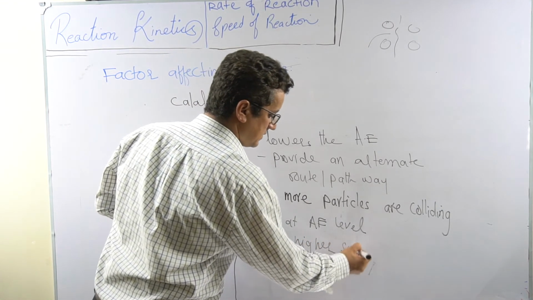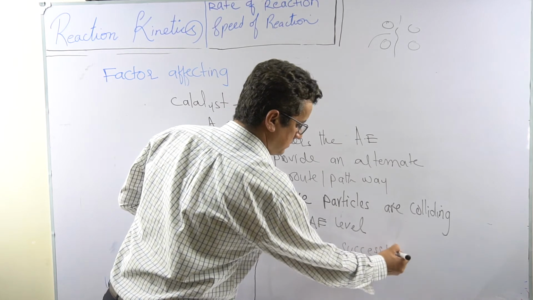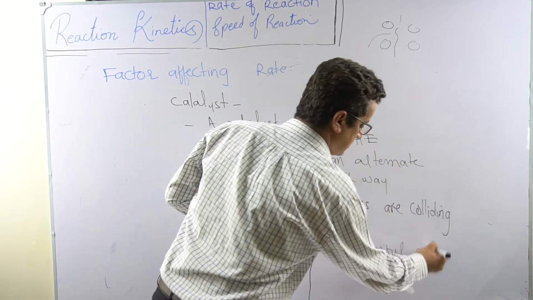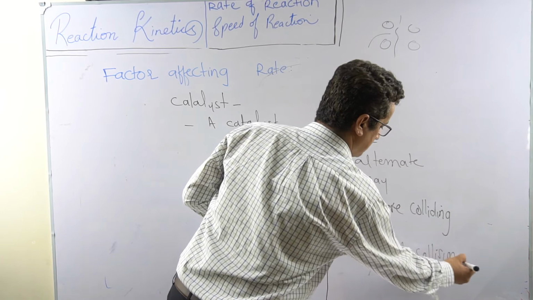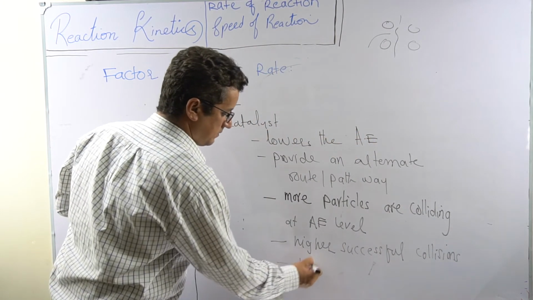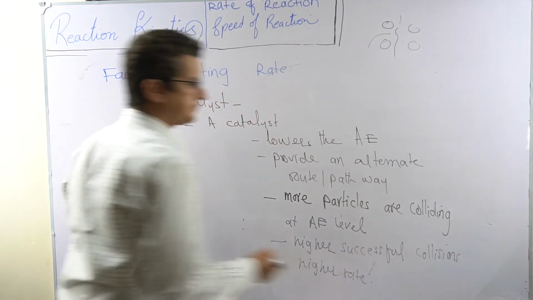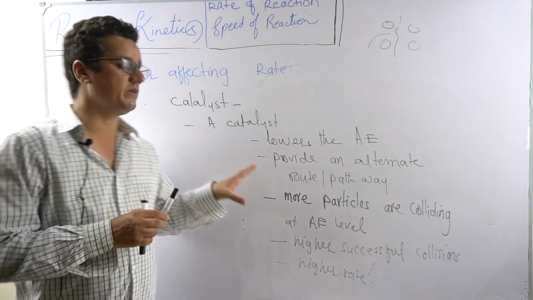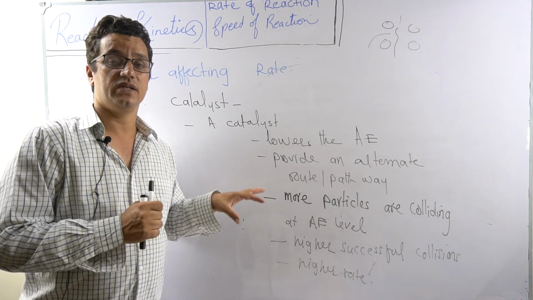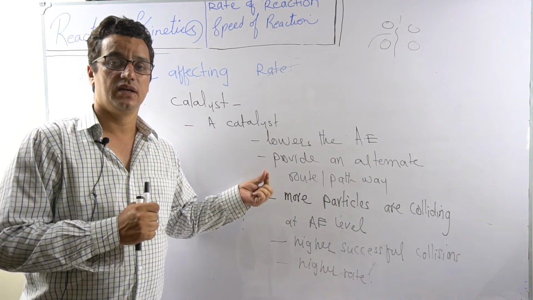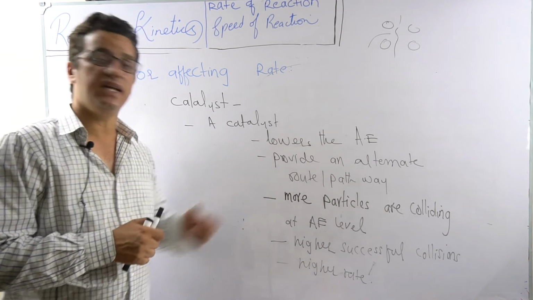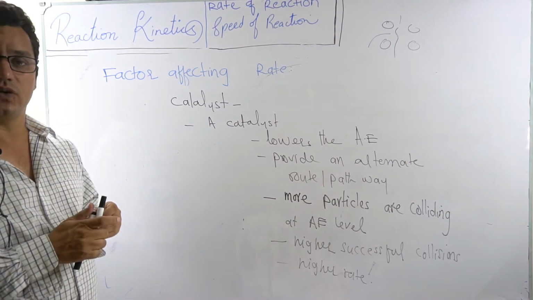Higher successful collisions, higher rate. So a catalyst is sometimes extremely important, especially for reactions which consume a bit more heat, maybe endothermic, or even for other reactions, catalyst plays a very important role.